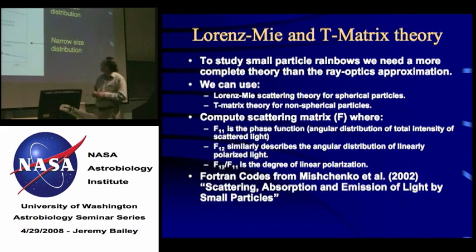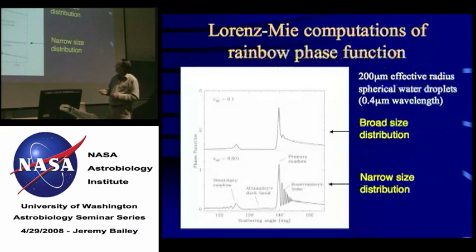I'll show a few plots as to what these look like. So this is just the phase function, the amount of scattered light as a function of scattering angle. And you can see essentially the same features that I showed in the photograph of the rainbow before. So here's the primary rainbow. There's light inside the primary rainbow.